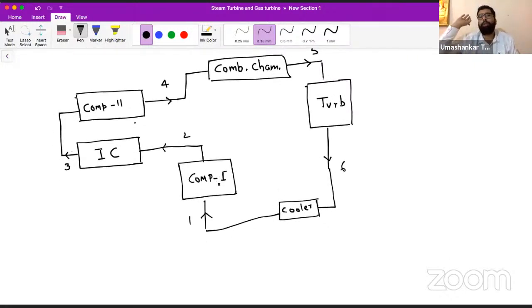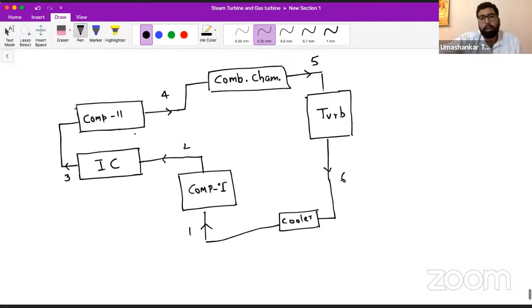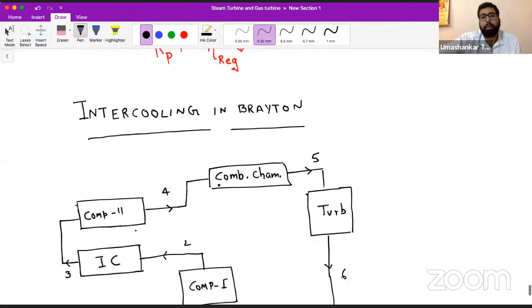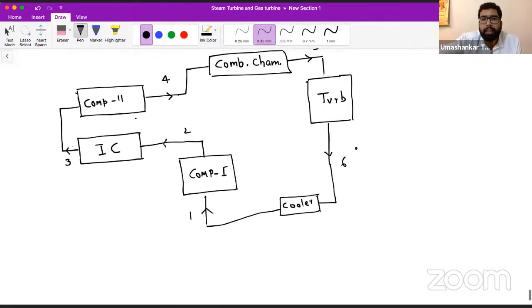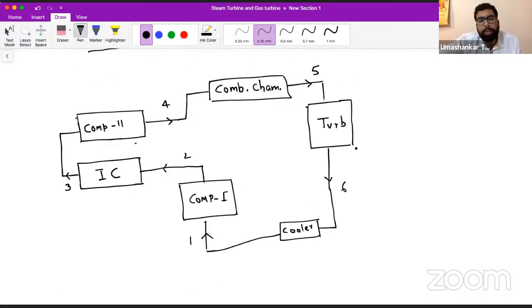So those students who are live in this class, I want you to attempt the PV and TS diagram of this Brayton cycle with intercooling. The intercooler is also a constant pressure device in which, as the name suggests, cooling happens, meaning temperature reduces.